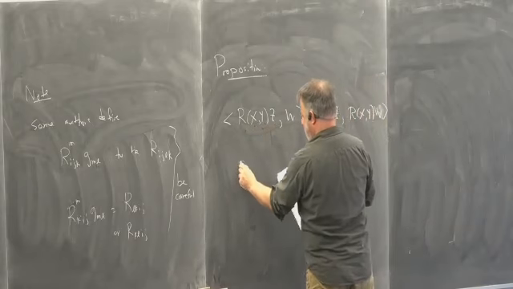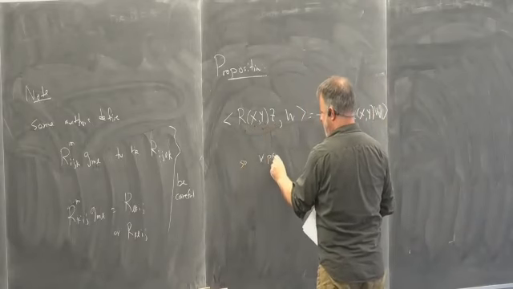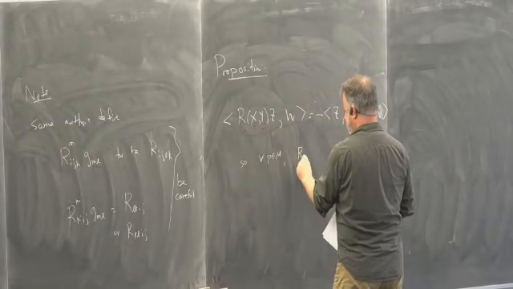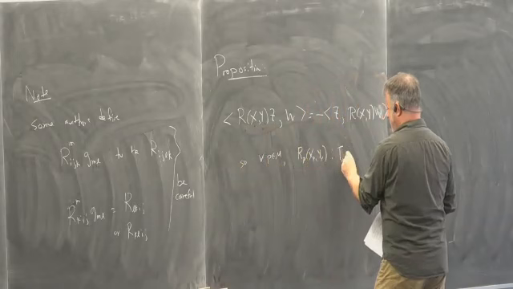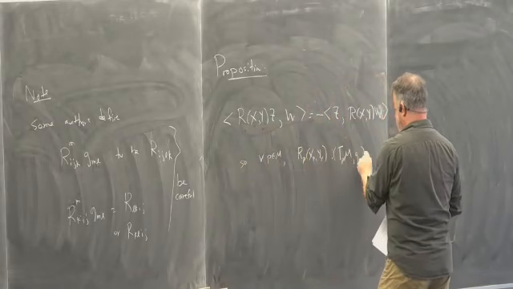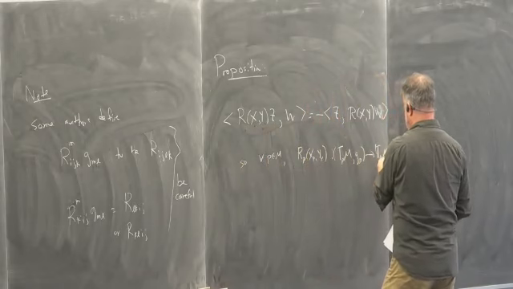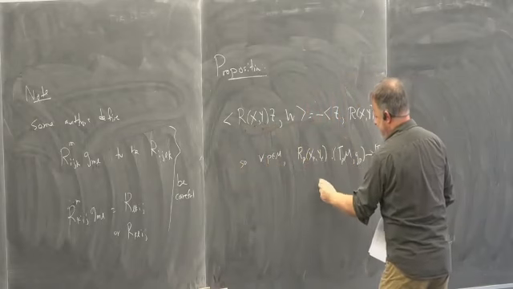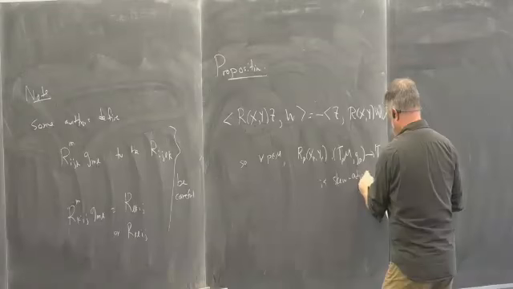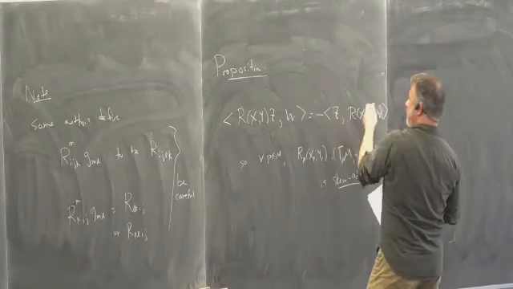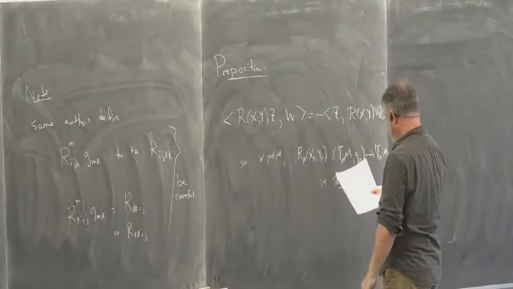So for all p in M, R_p(X_p, Y_p), which goes from T_pM with an inner product to itself, is skew adjoint. We can move it over at the cost of a minus sign.